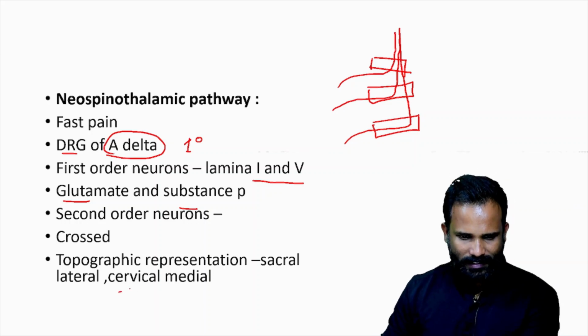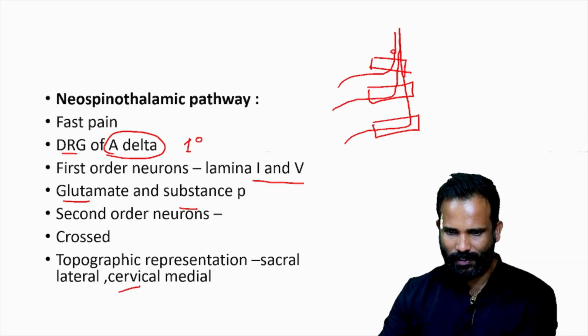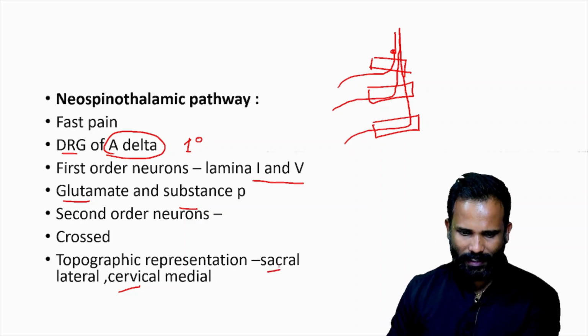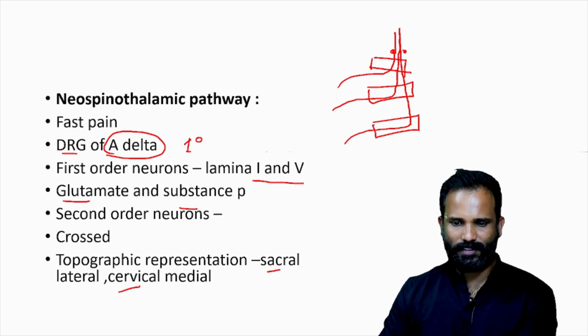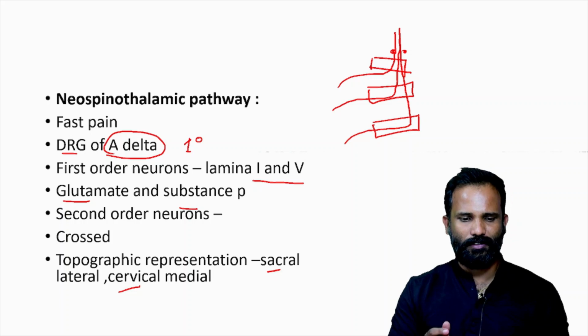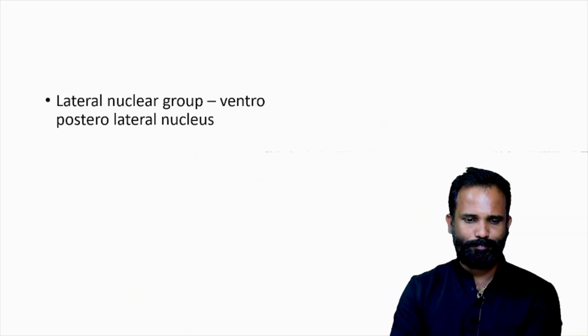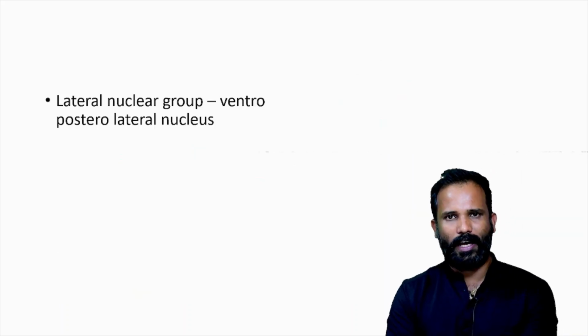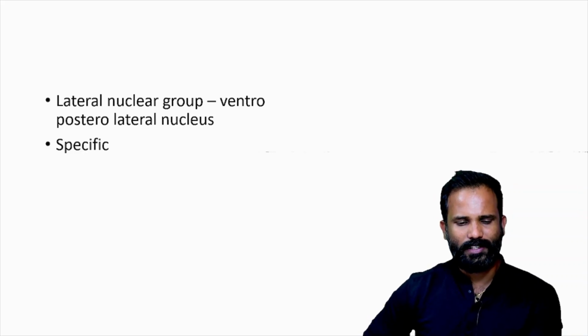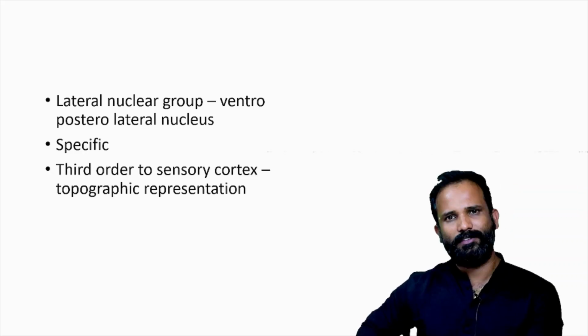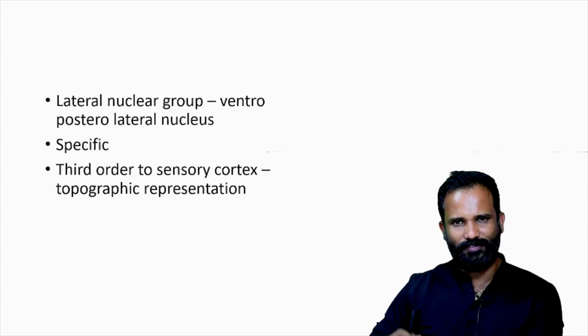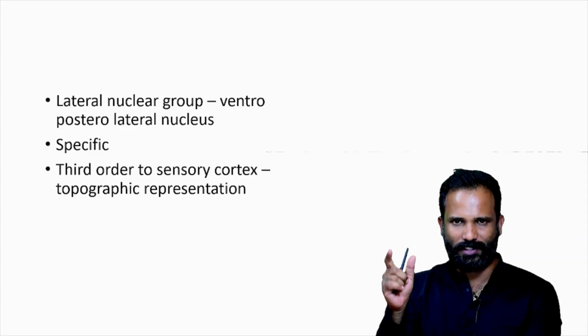That's why cervical is kept in the medial part and sacral is present in the lateral part. This is the topographic representation of the neospinothalamic pathway. And as we mentioned, the ventroposterolateral nucleus, which is specific, and the third order to the cortex with similar topographic representation.